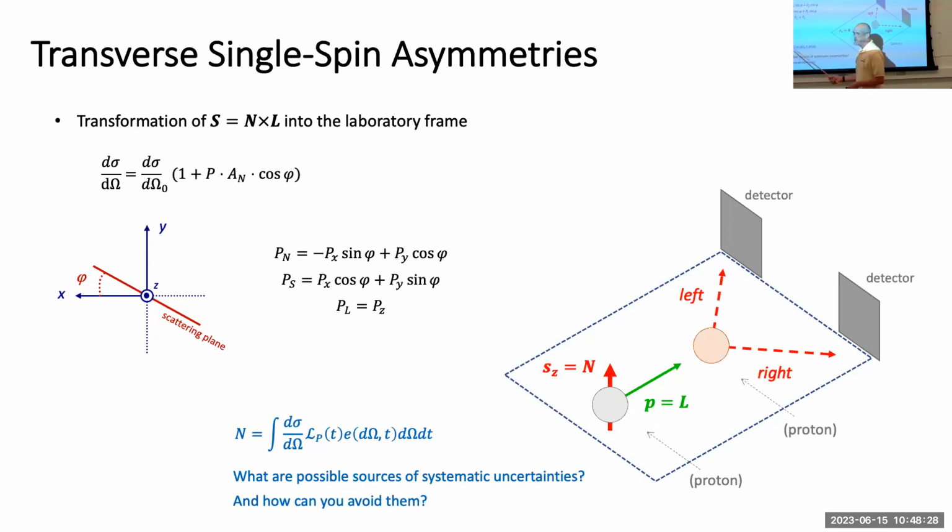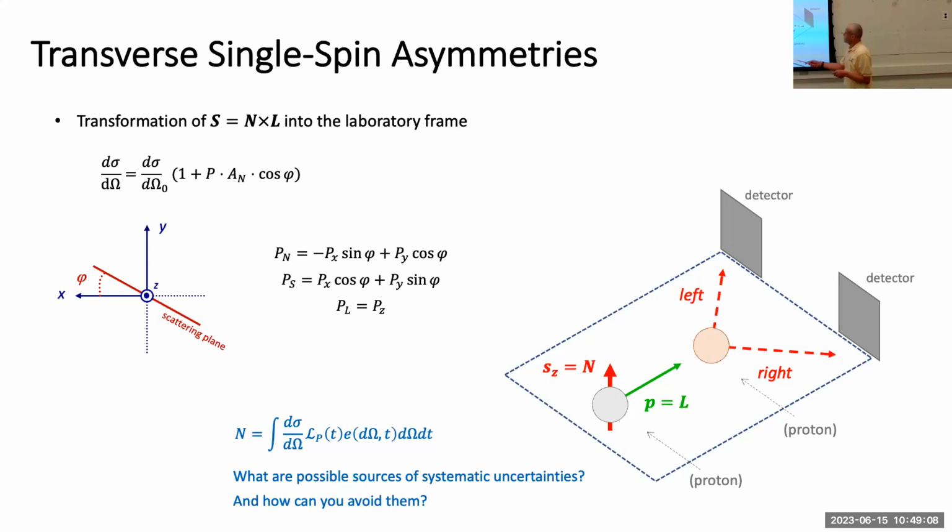If you take this equation and think about how the detector, luminosity, possible time dependence, efficiencies, and luminosity dependence on the different polarization states translate into this, and you plug in essentially the rotation into your cos phi here into the lab frame, what possible sources of systematic uncertainties can you think of? And is there a way that you can avoid them, minimize them, or get rid of them?